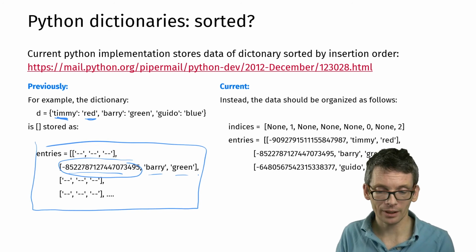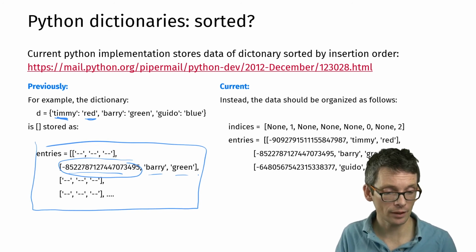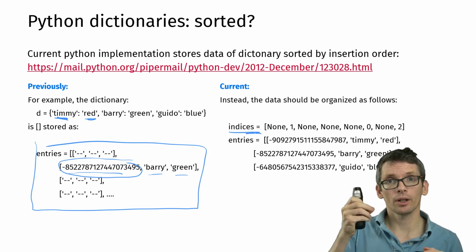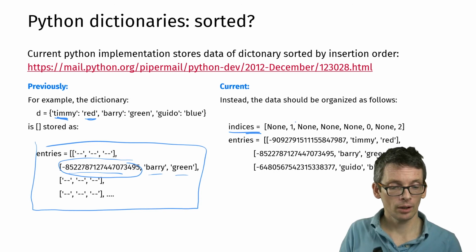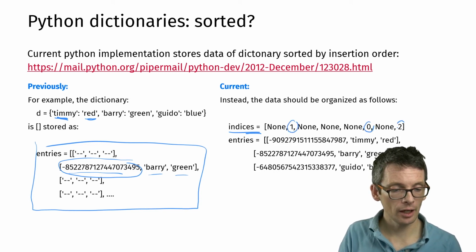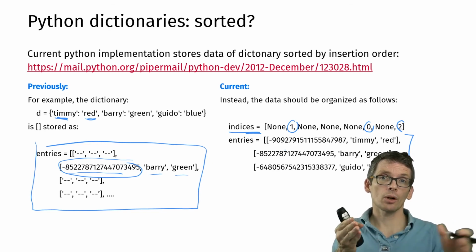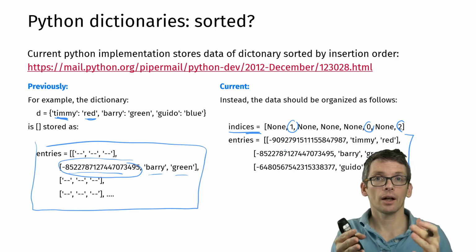Instead of organizing the data as we saw on the left-hand side, the hash table is just these indices. For each element, we store an index into another table, into an array that stores these tuples. And these tuples we simply store in the order in which they are inserted.